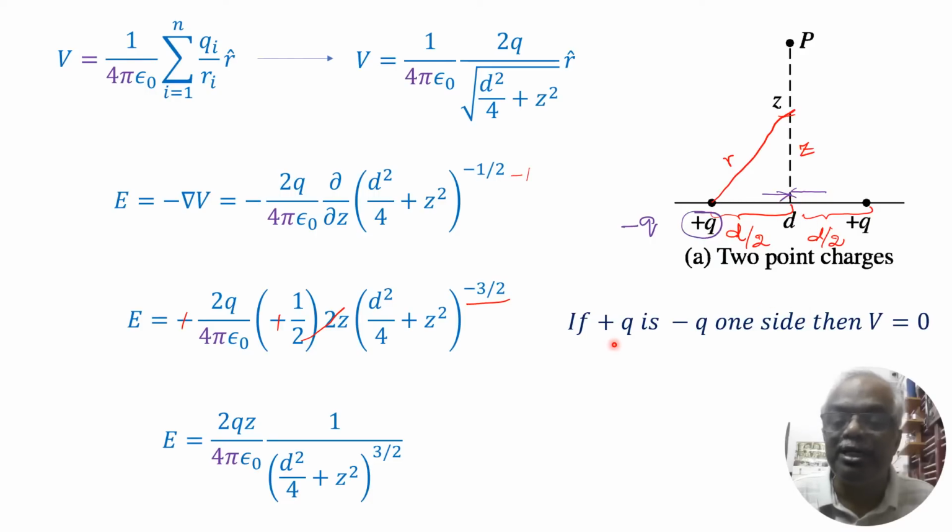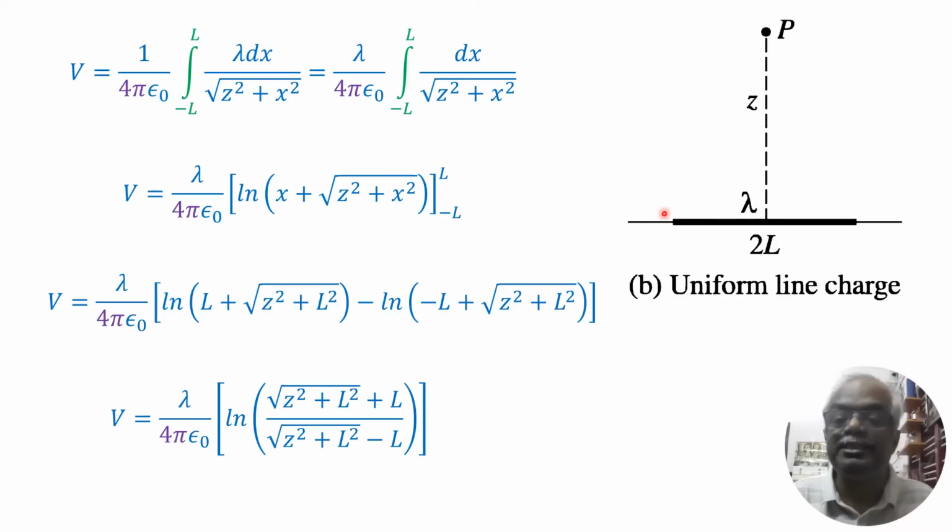As such, the potential is 0, so the electric field also will be equal to 0, since the electric field, which is equal to the negative gradient of potential, is also equal to 0. Then we will move on to the next case.